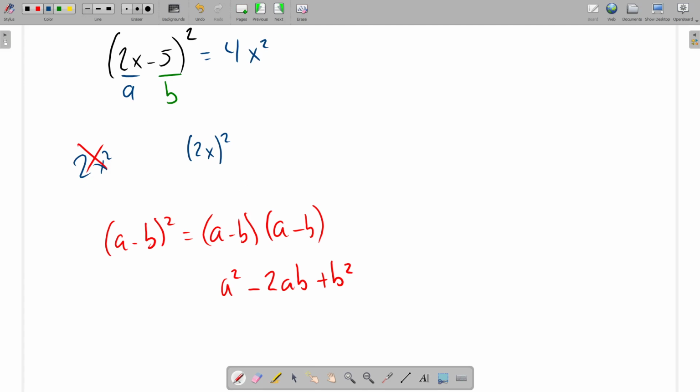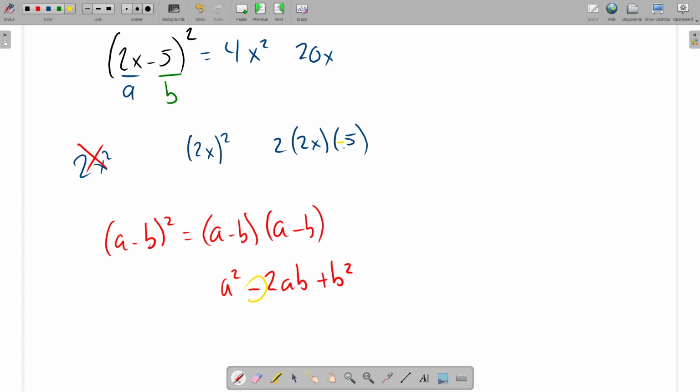And then we have 2ab, so 2 times my a, 2x, times my b, 5. 2 times 2 is 4, times 5 is 20. And x is the only variable, so I have 20x. Now notice I said that b is 5 and not negative 5. I'm saying that because my formula says that it's minus right here.